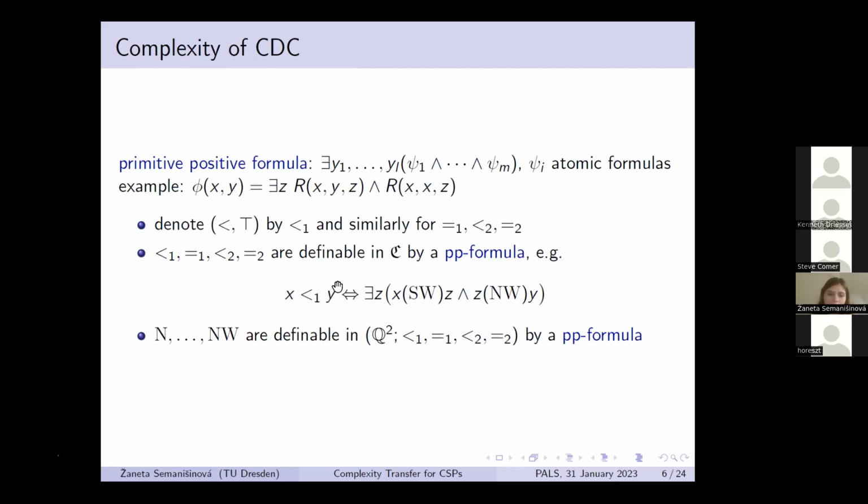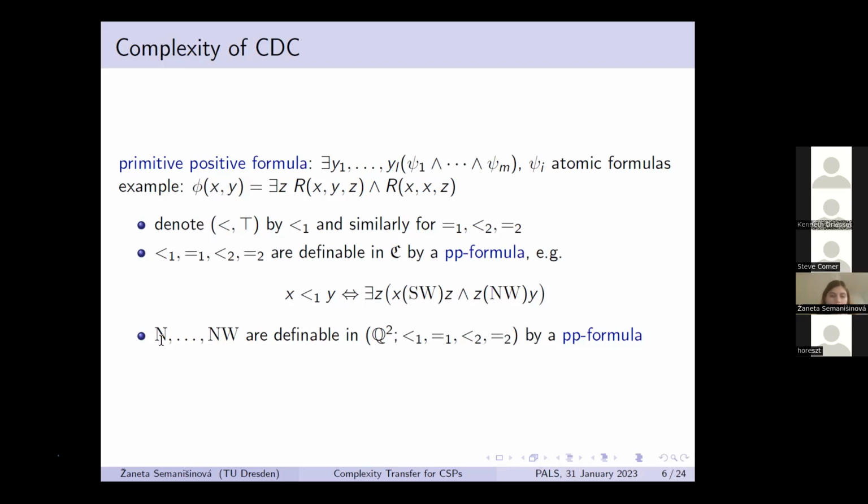Because if x is less than y in the first coordinate, we can say there exists a middle point such that x is to the west of it and y is to the east of it, somewhere about here, so we can define it like this, and of course all the other relations are similar.